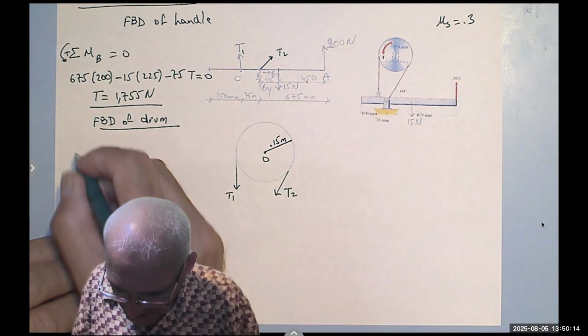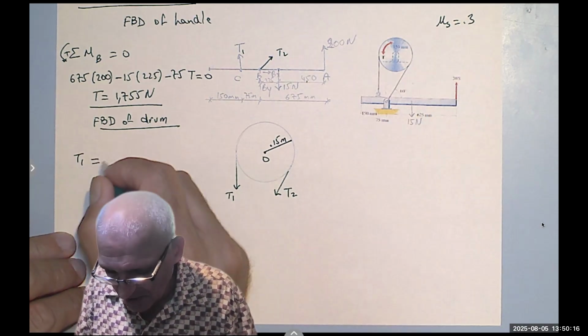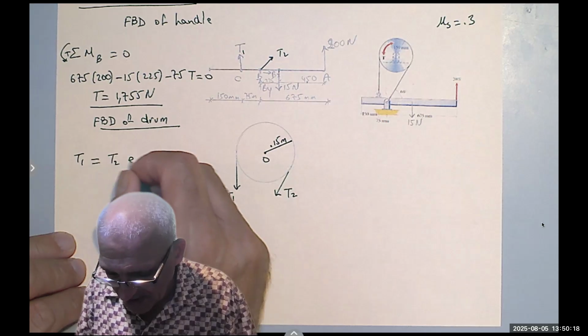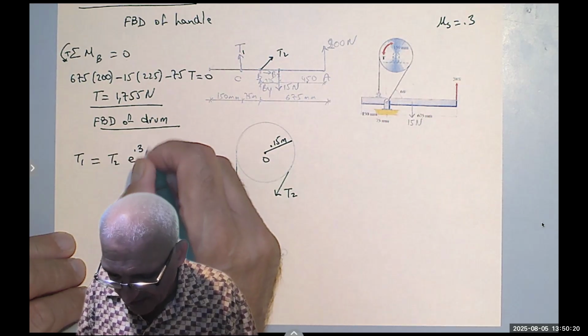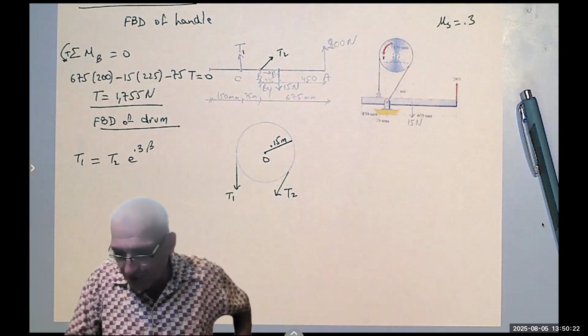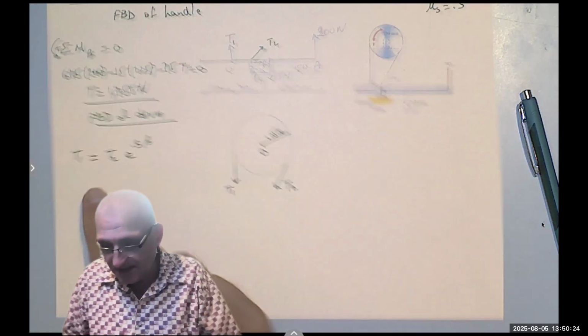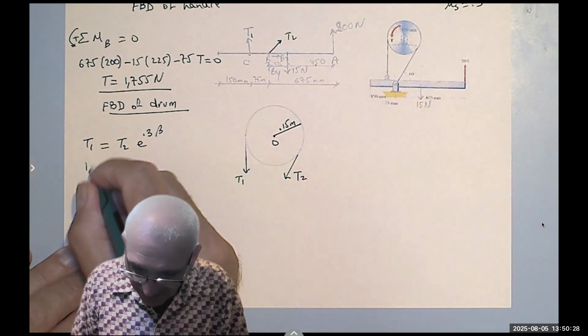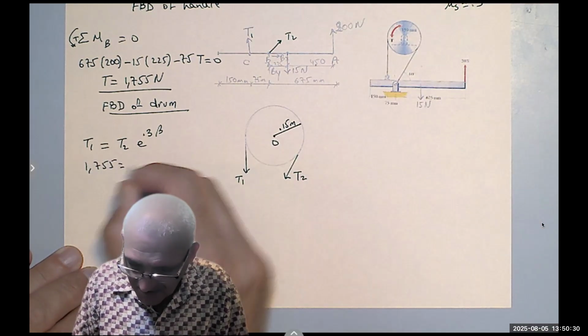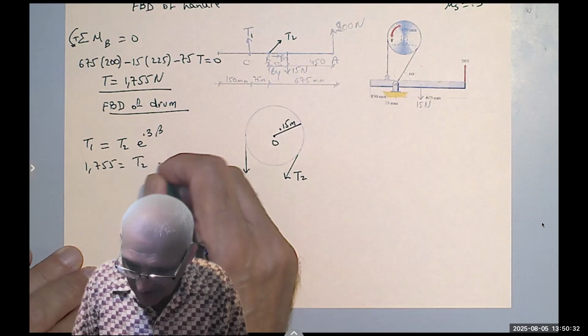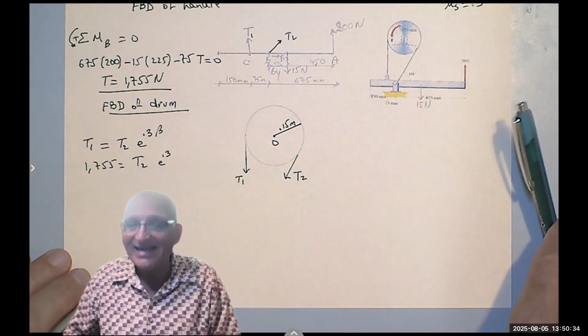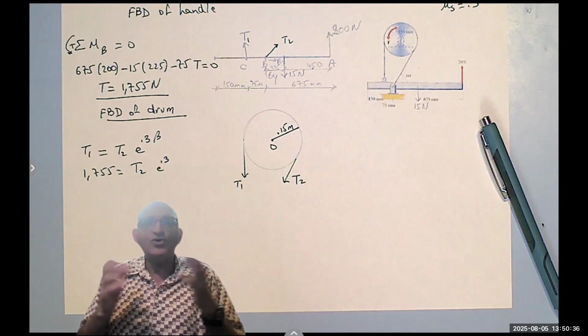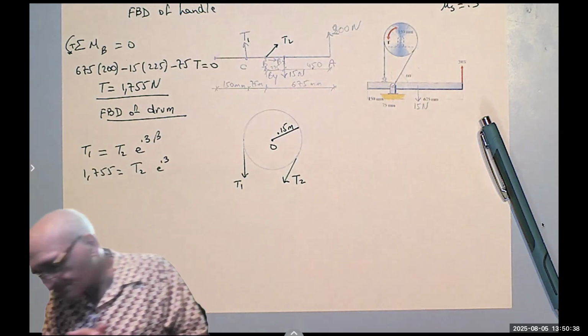I know the equation says T1 equals T2 times e to the 0.3 beta. I know T1 in this case, I need the smaller one. 1755 equals T2 times e to the 0.3, and now I don't know beta. How do I calculate beta?